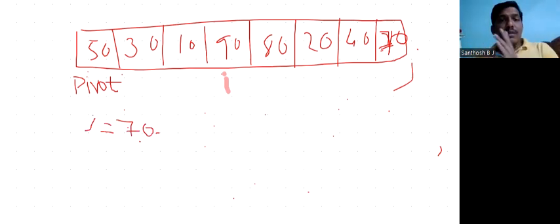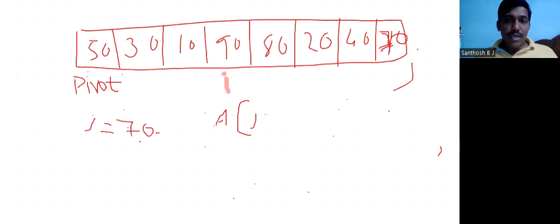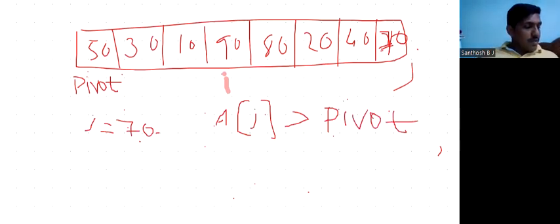When the condition is false, stop the increment of I and move on to J. Now we compare J. What is the condition for J? A of J is greater than the pivot value. This is step number 5.